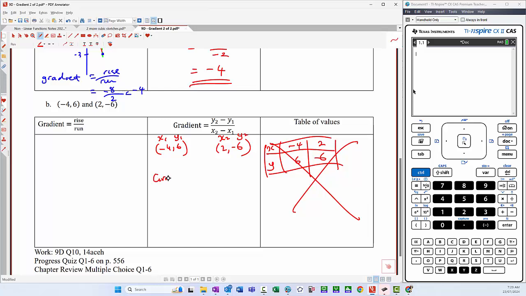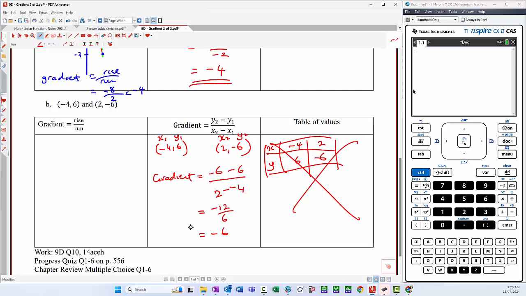Let's use the formula, gradient equals y2, which is -6, take away y1, which is 6, over x2, which is 2, and we're going to subtract -4. -6 take away 6 is -12. 2 subtract -4 is 6. 6 goes into -12, -6 times.